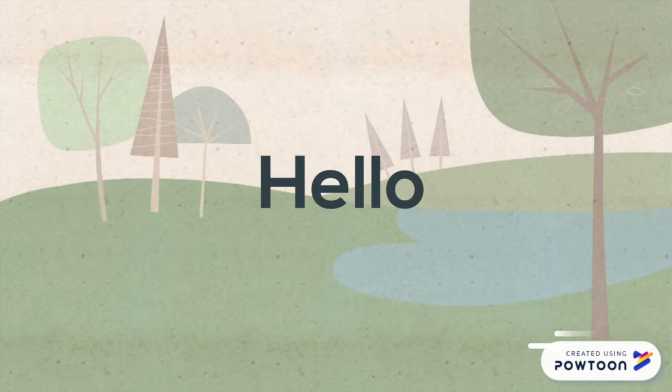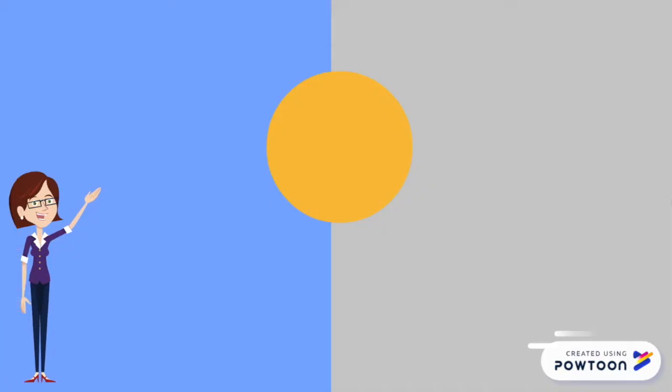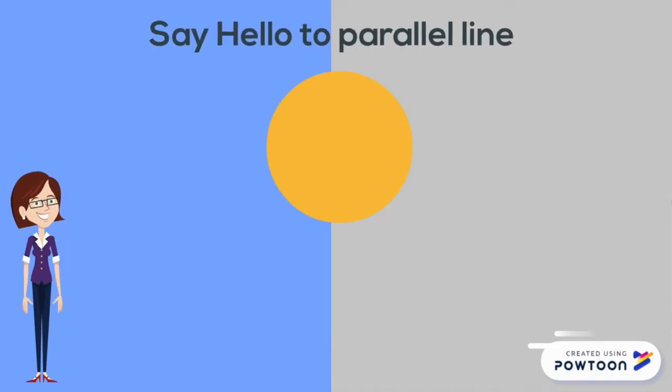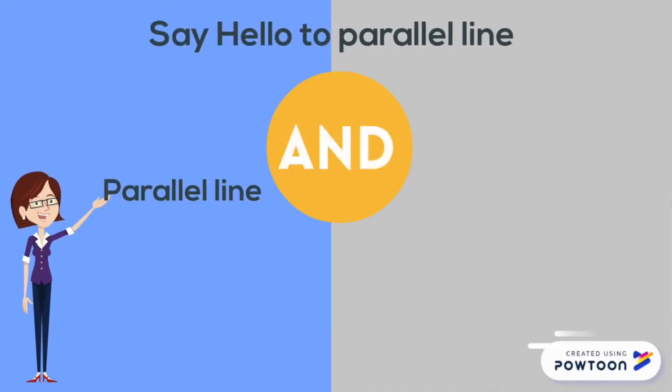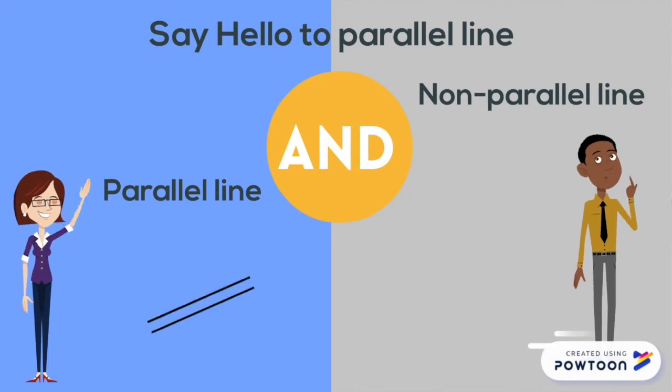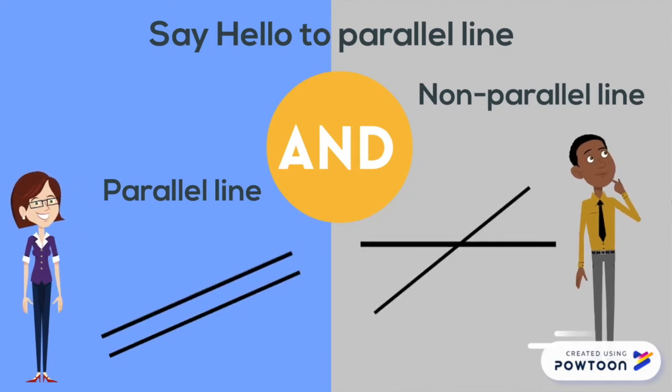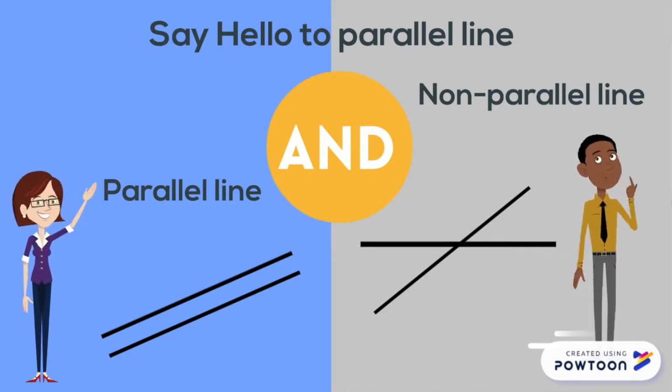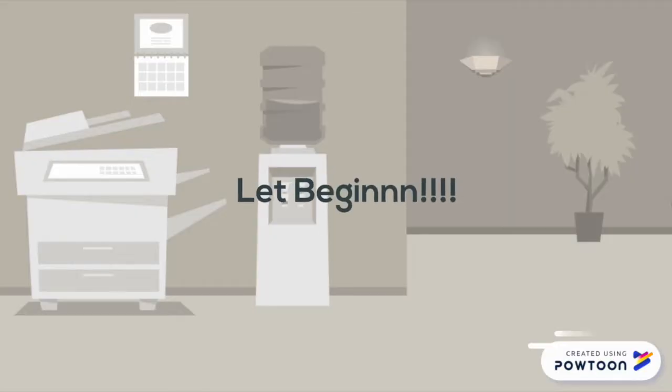So, in this video, we're gonna show you how to solve for the equation of parallel lines and non-parallel lines. So, which part will we take? I'll take the parallel line, of course. But why? No, you just take the non-parallel line. Oh, okay. Okay, I'll just take parallel. So let's begin.